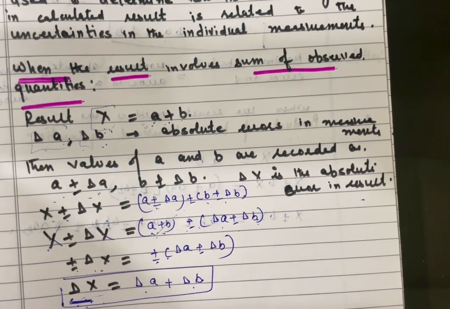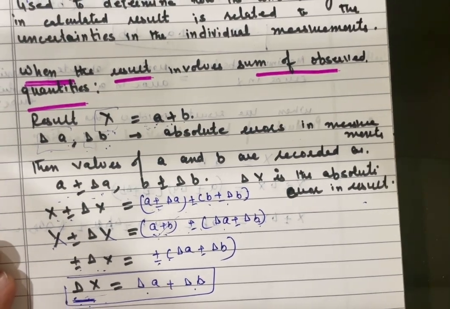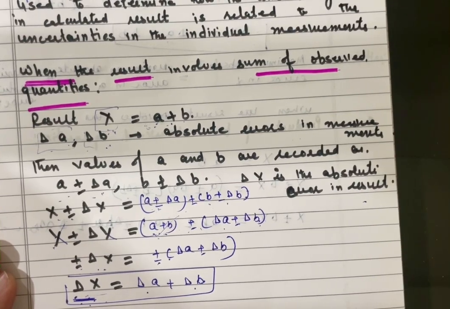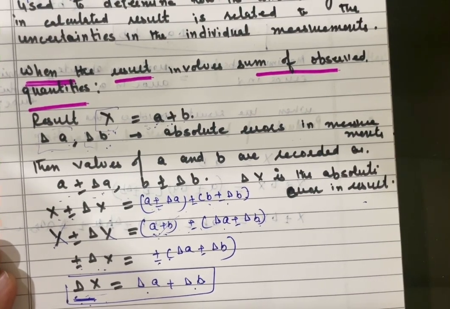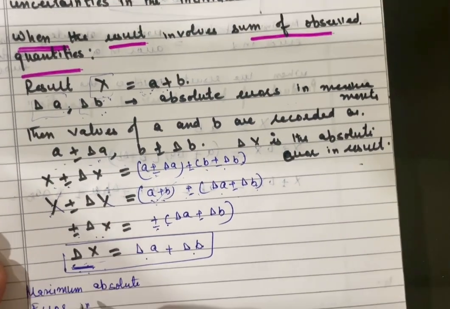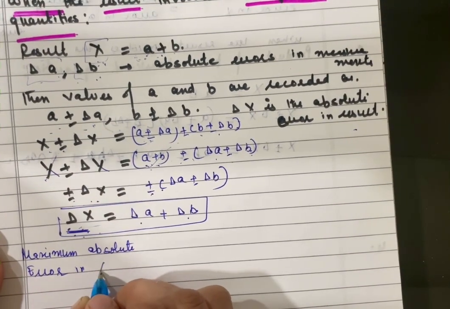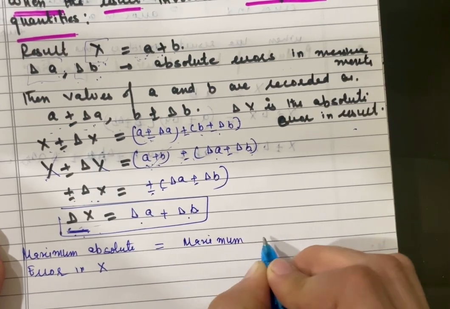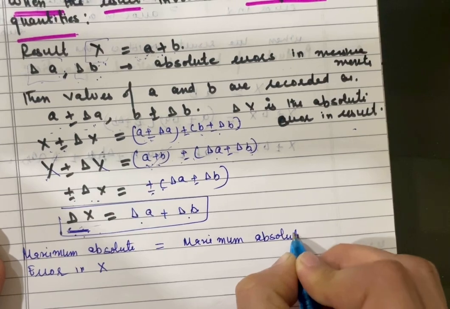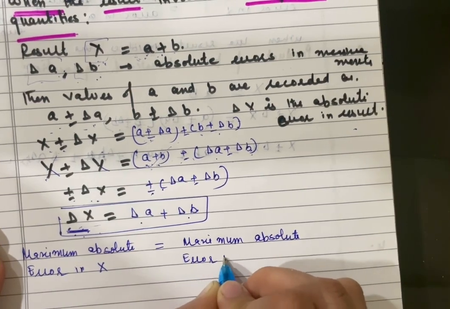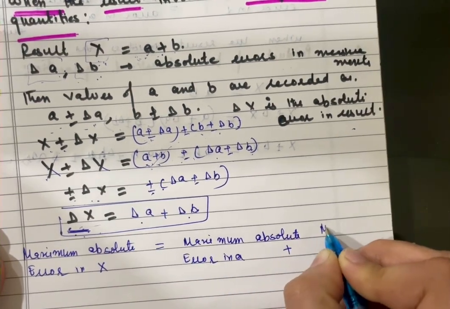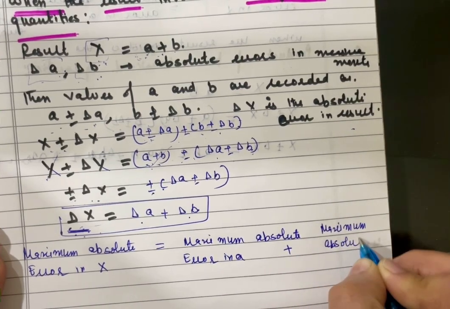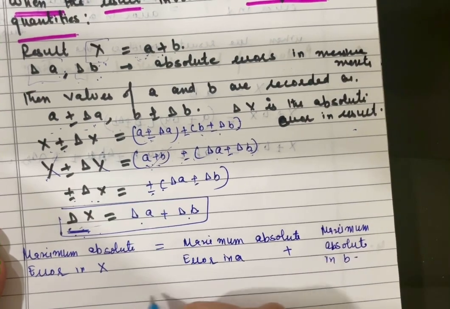Or we can say, what is delta x? That is the maximum absolute error in x, which will be equal to the maximum absolute error in A plus the maximum absolute error in B. Clear?